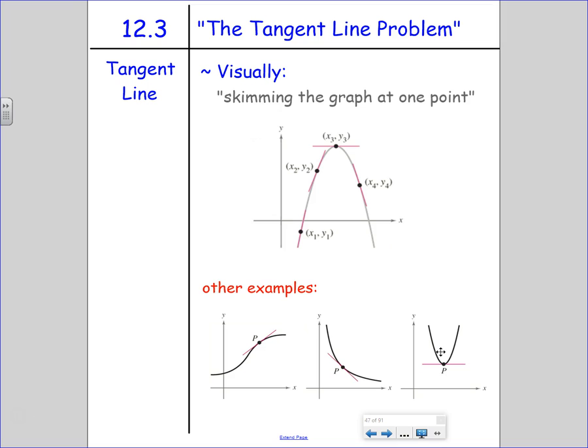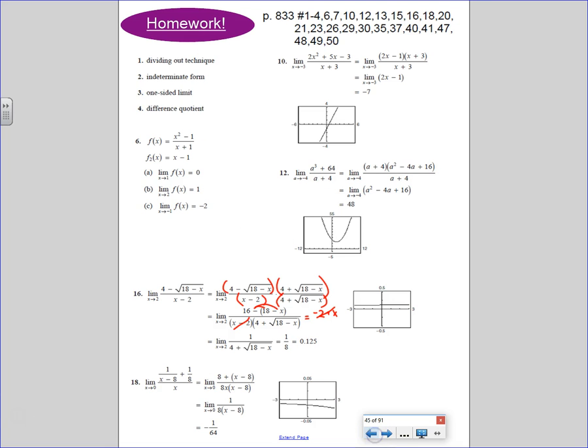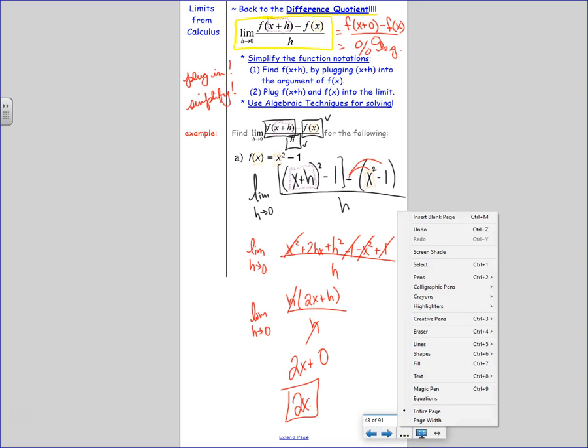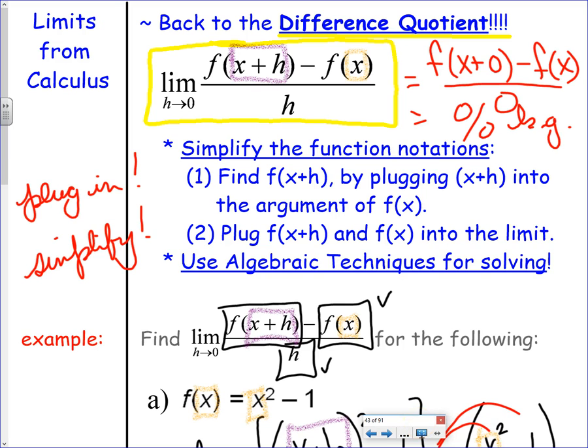So if the slope needs 2 points, somehow we have to say, okay, here's one y and here's a little bit removed y, and then let's have them get closer and closer together. Maybe we already answered the question without even realizing it.